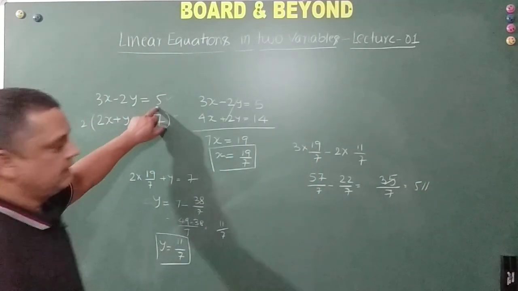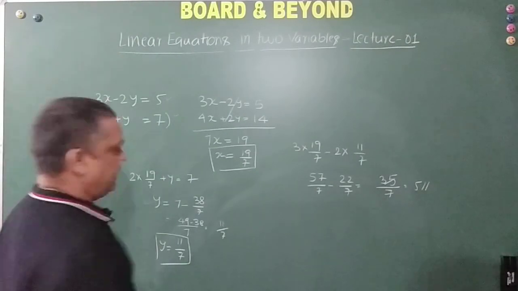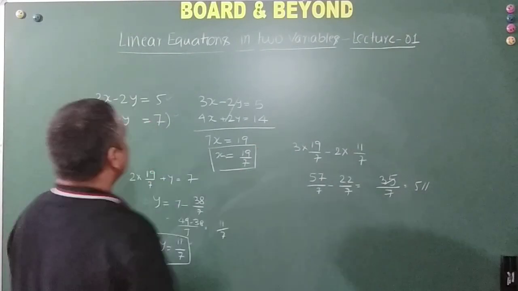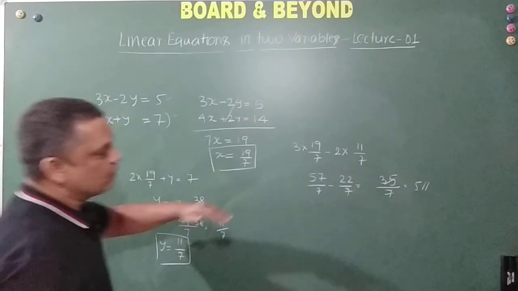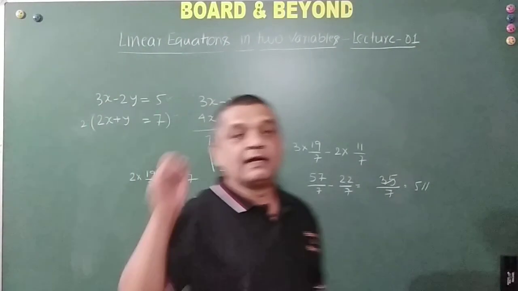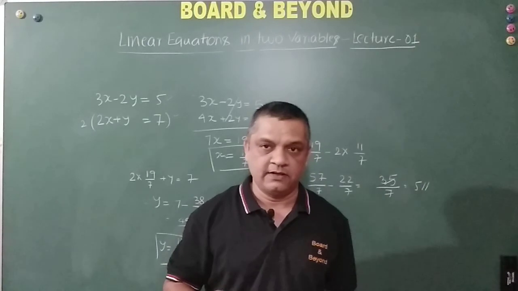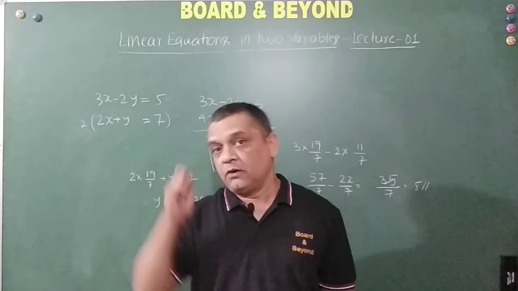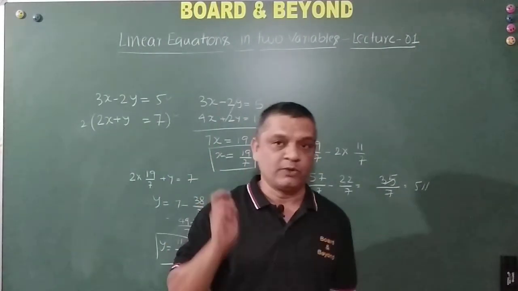Was this here? Yes. Right? So we see that the value of x and y satisfies this equation, and you can also test for the other equation. This will also be satisfied. So this is called consistent linear equations, right? Which are having at least one solution which is common for both the equations, right?